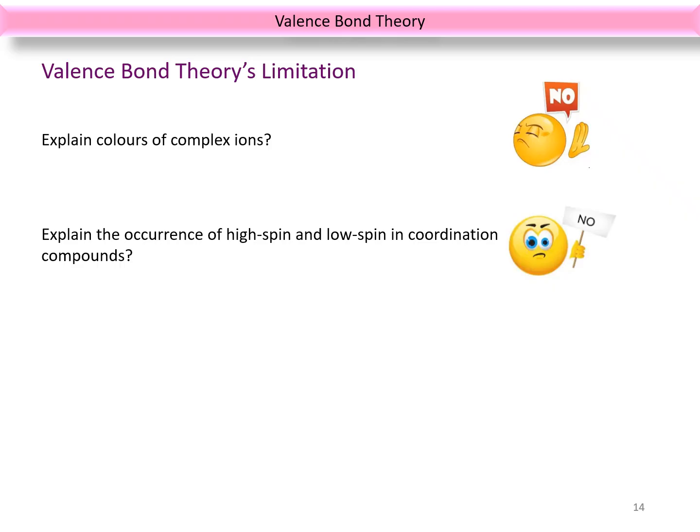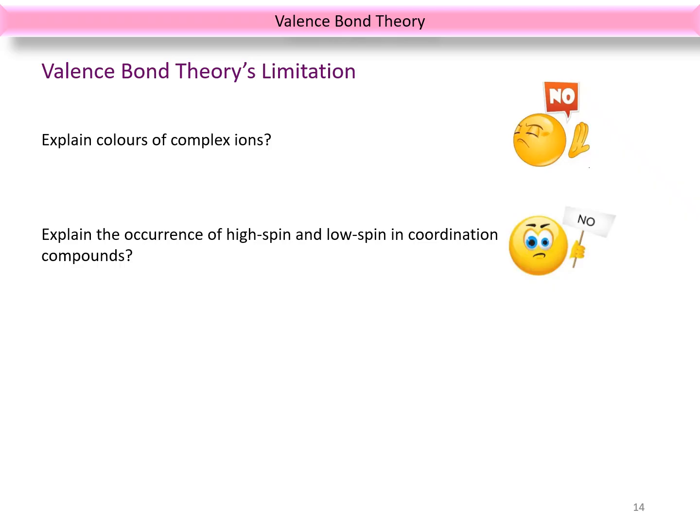So the limitation of valence bond theory: it managed to explain magnetic properties, but it did not explain very well how different colors are given by complex ions and what causes the high spin and low spin phenomena in coordination compounds.